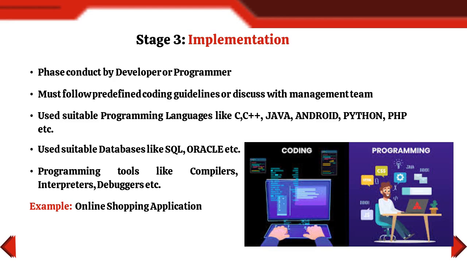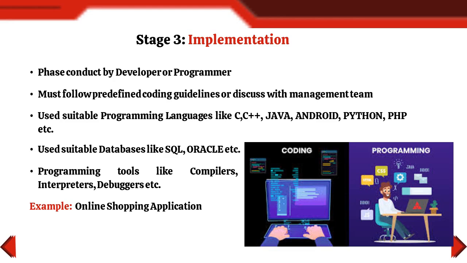The team selects suitable programming languages such as C, C++, Java, Python, PHP or Android depending on the project requirements. They also use appropriate databases like SQL or Oracle to store and manage data. Programming tools such as compilers, interpreters and debuggers help in writing, testing and correcting the code efficiently.